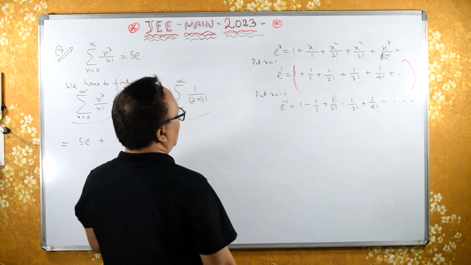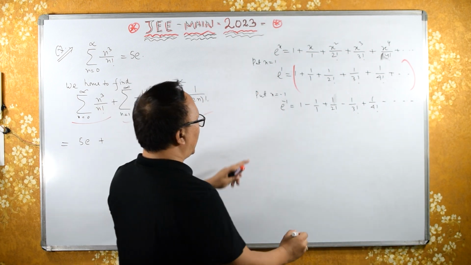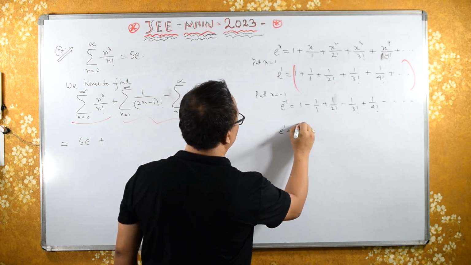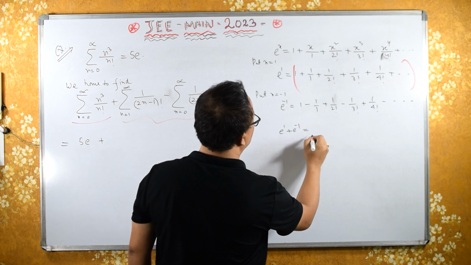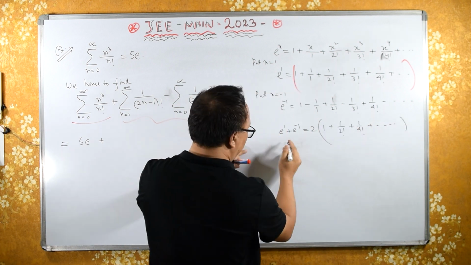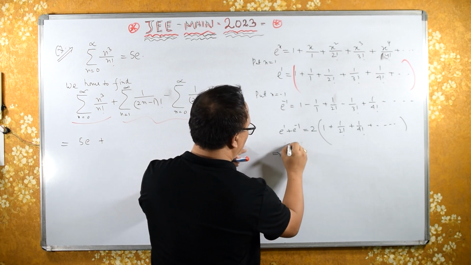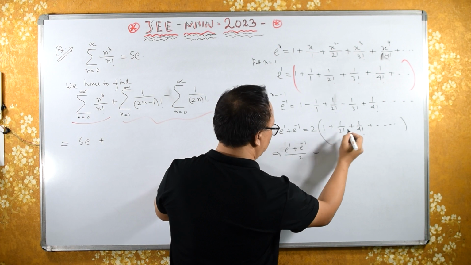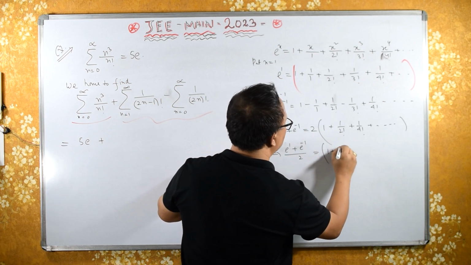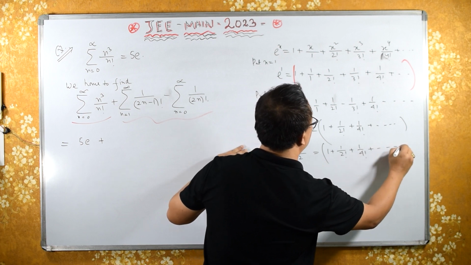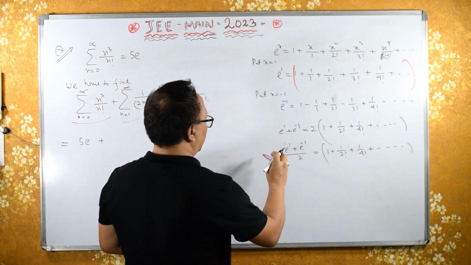Now if I add these two, e raised to 1 plus e raised to minus 1 upon 2 equals 1 plus 1 by 2 factorial plus 1 by 4 factorial plus and so on.